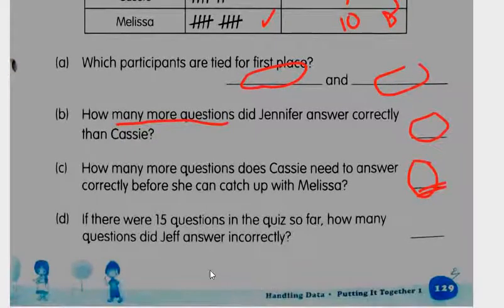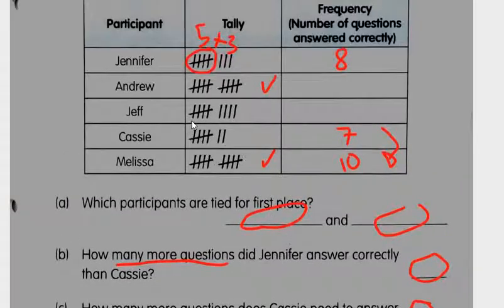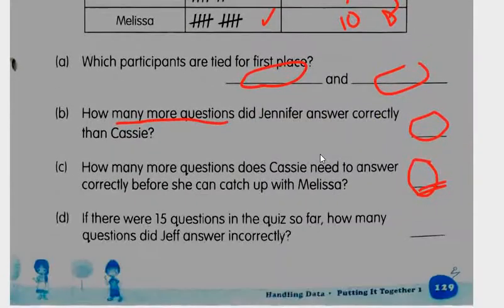If there were 15 questions in the quiz so far, how many questions did Jeff answer incorrectly? Look at Jeff. He got 9, right? And there are 15 questions in the quiz.